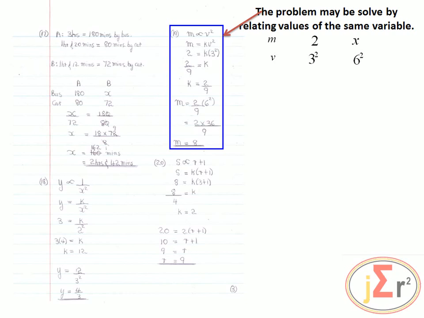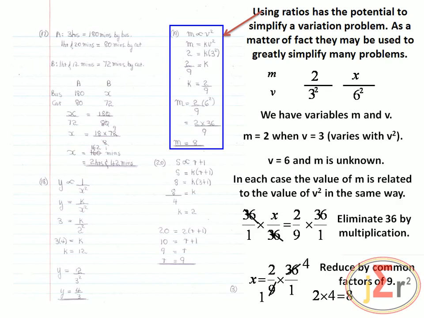And we will go again, solving the problem by relating values of the same variable. So whereas on the other slide, and no doubt we will make use of this relationship, we will mention it in explaining a few things on subsequent slides, that we will relate, as we have it here, the value of a variable, which is m, and its corresponding value for v.